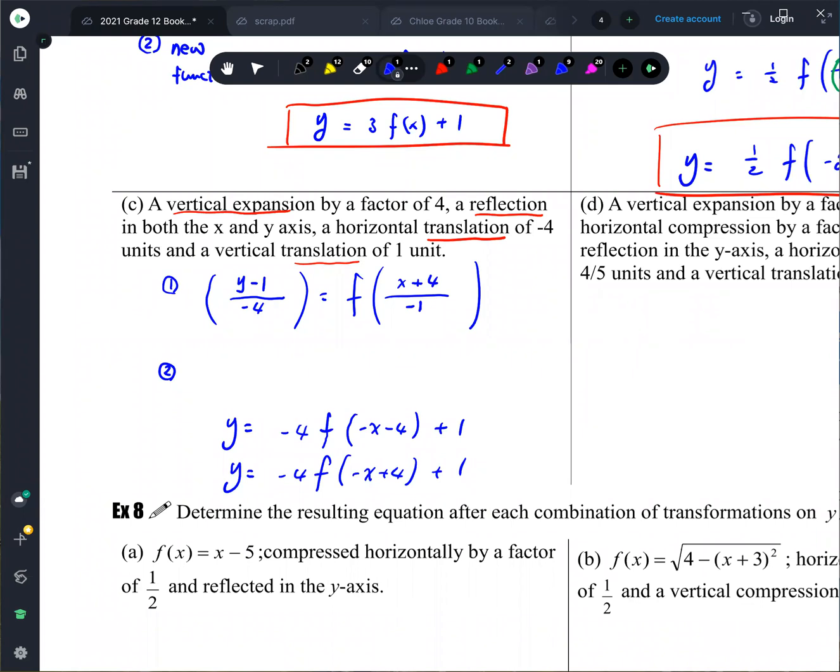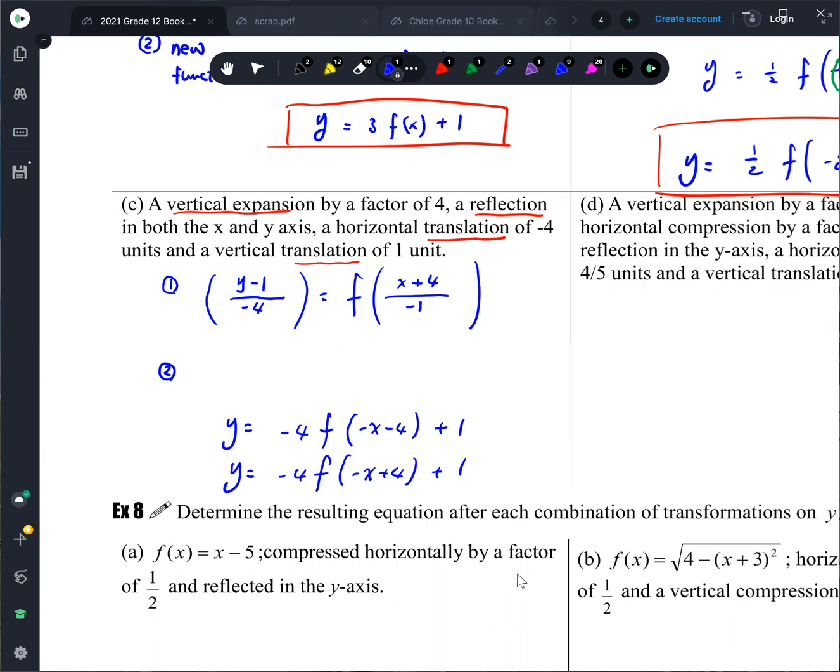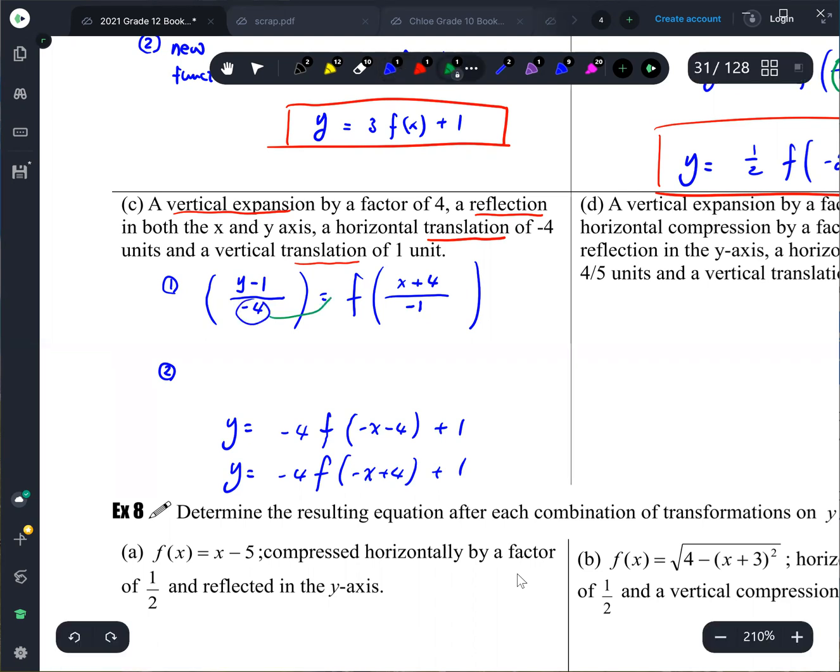Okay, Lily, what do you think? Do you agree with any of them or you have a different? I got -4. Okay, you have -4. Okay, so let's move it over slowly. I think the y side is pretty easy to move, right? The -4 goes up, so times -4, -1 goes over.